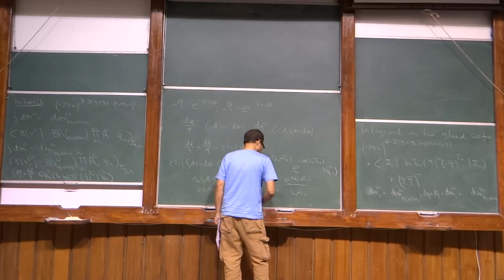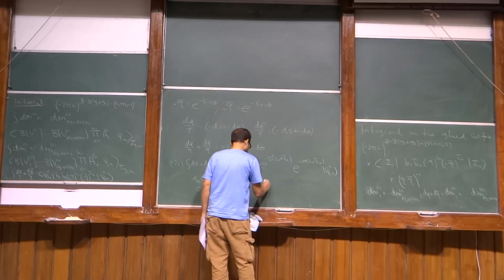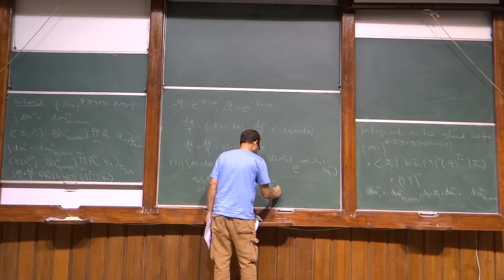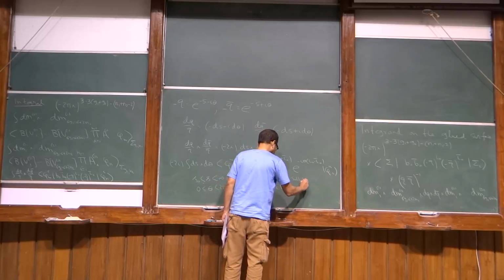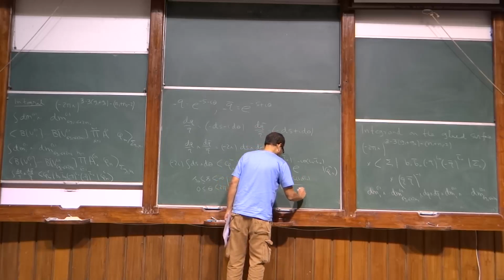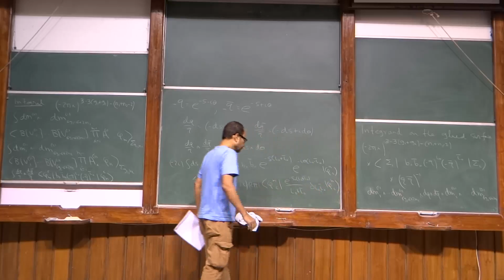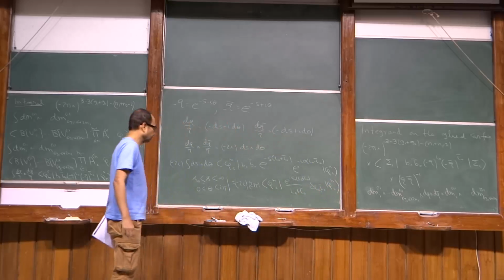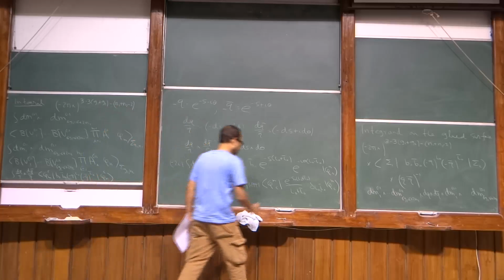Maybe I should have written this matrix element first. You have phi m, e to the minus s0, b0 bar.